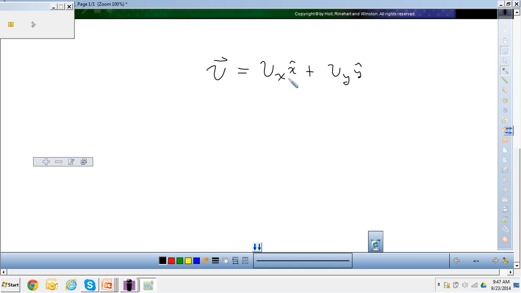Now these two are independent of each other. Can I increase this without affecting this? Yes. Now it will affect this velocity vector here, which is dependent on both of these. But this component x has nothing to do with y. Do you see that they're independent of each other?